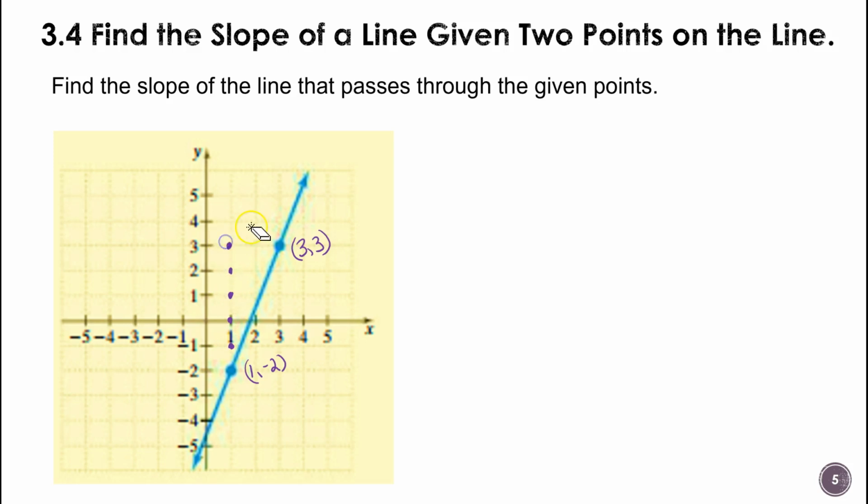So I have a rise. If you don't understand this, you can always use the formula. I have a rise of 1, 2, 3, 4. That's my rise, right? And then my run is going to be 2.